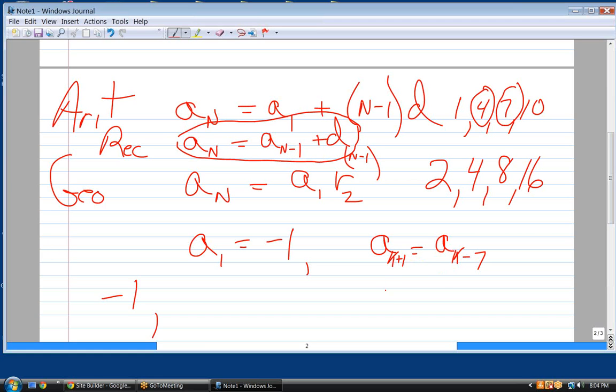That means like a sub 9 equals a sub 1. So all that tells me is that the 9th term equals the first term.